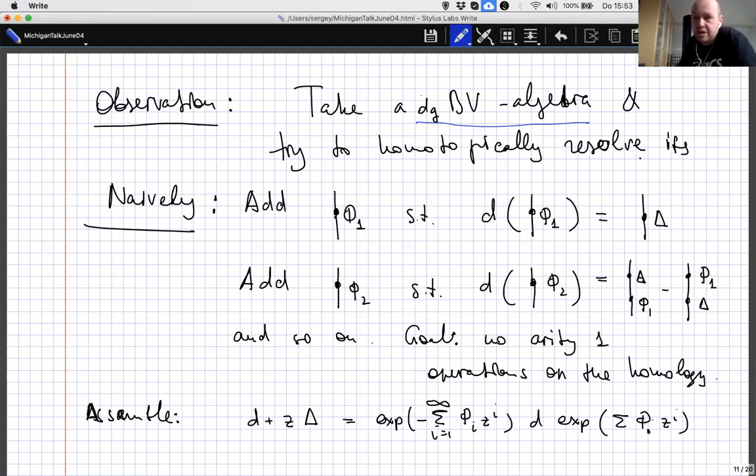Namely, I want to homotopically resolve delta. I'm explaining here in a very naive way what I mean. You see, I have this operation delta, but I don't like that I have this operation sort of independent, right? So let's say I have my differential, which I now denote by D.